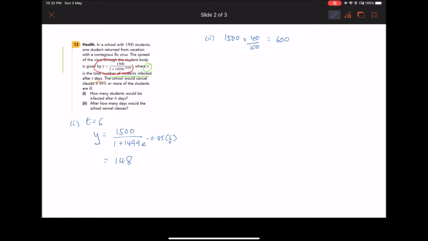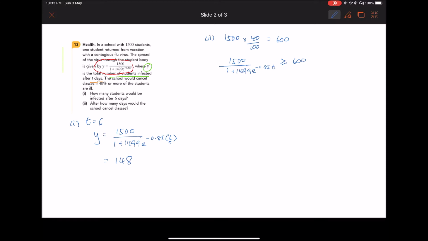All right. So which means that we have 1500 over 1 plus 1499 e to the power negative 0.85 t must be greater than or equal to 600, because minimally 600 students. Of course, more than that will mean that it will be closed. All right. So what we can do now is sort of exchange places.